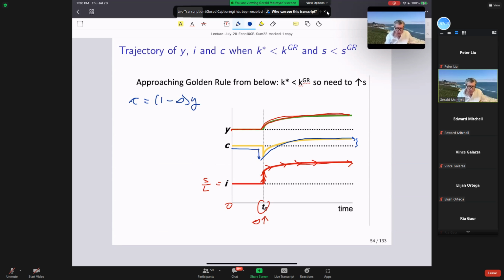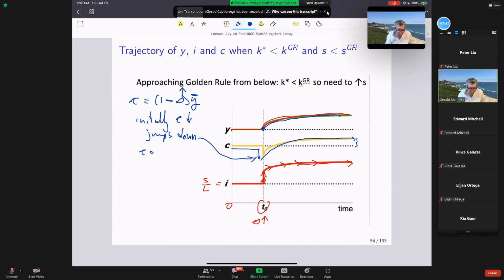And s has to rise, but y is constant for a moment. And if s rises and y is constant, at least initially, consumption per worker falls. It jumps down. And sure enough, that's here.